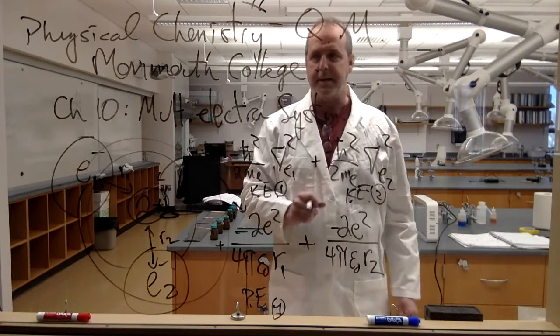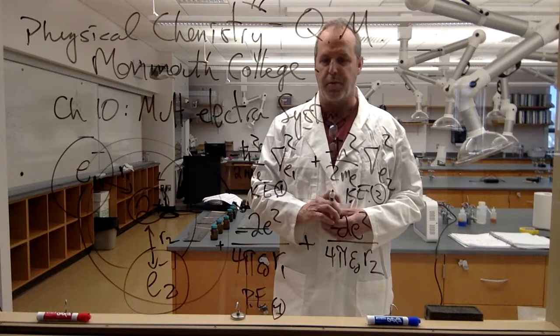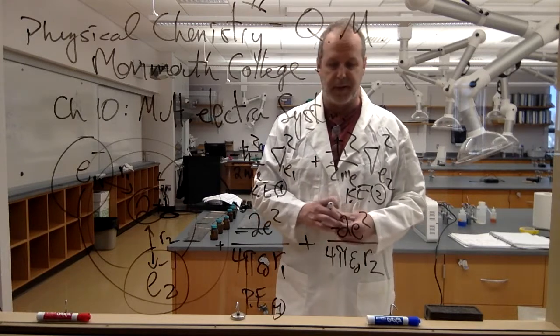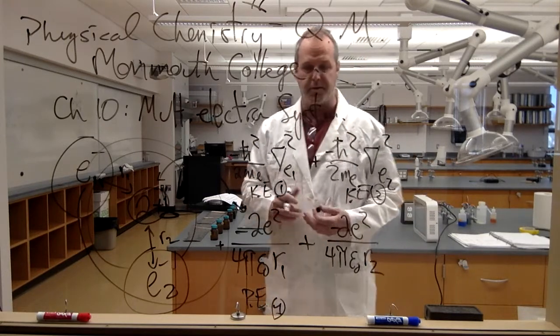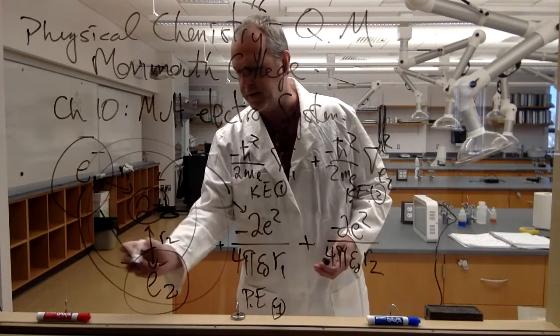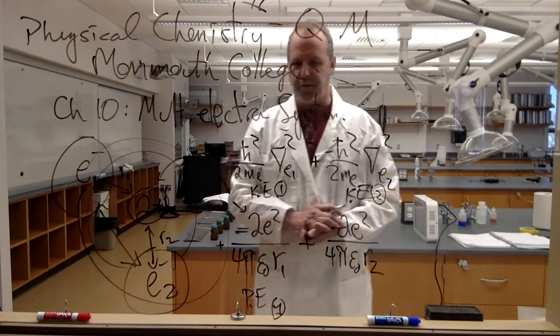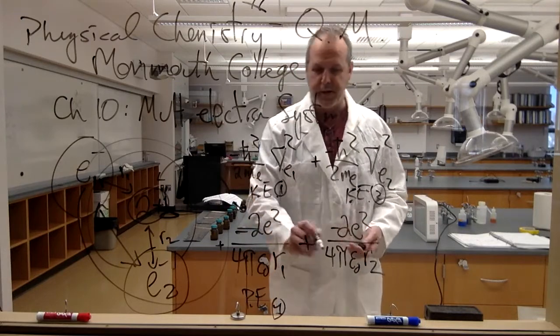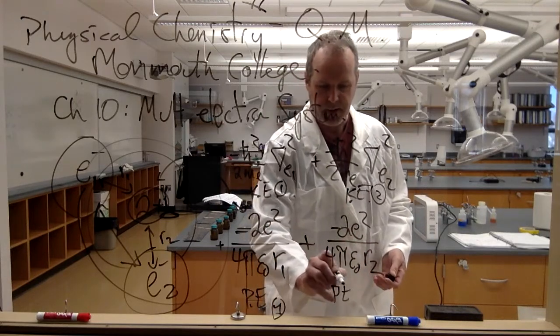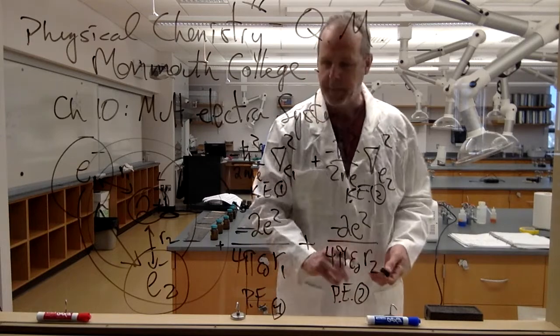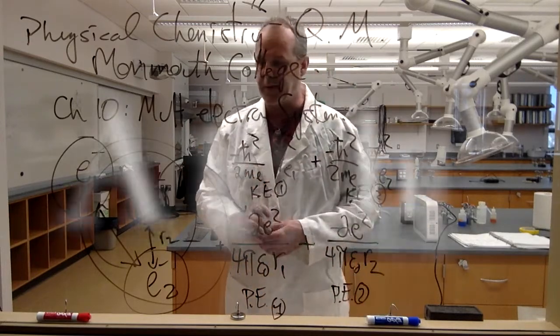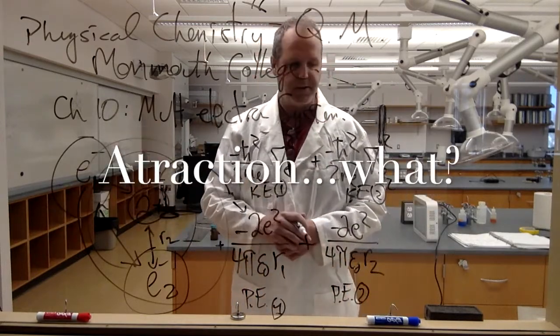Now what makes this system much more difficult, and ultimately is the demise of a multi-electron system, is that these two electrons now know that each other are around. So the form of that potential energy, again let me write that in here, potential energy for 2, is the same Coulombic attraction, but now it's between 2 electrons.